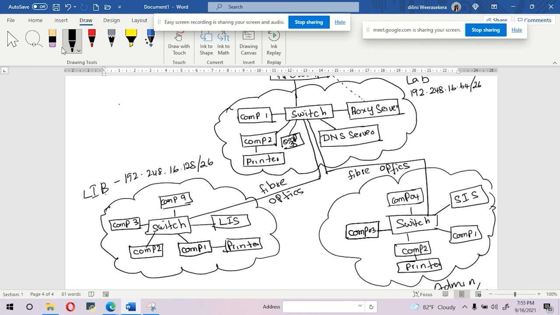But within the network, what is the transmission media we need? It can be a cheaper one. It's twisted pair. So I can write here twisted pair. You write in one connectivity like this line, and this one twisted pair. You have to show everything. So here also, twisted pair.